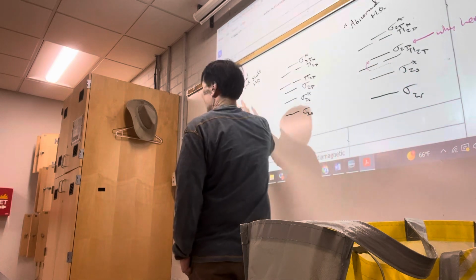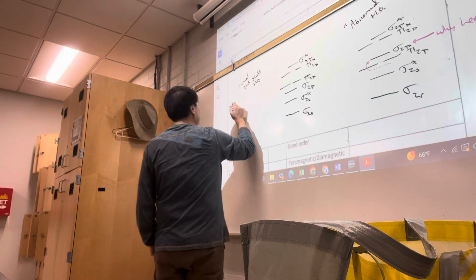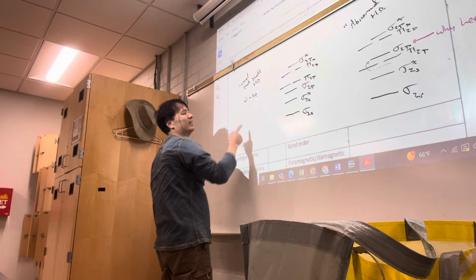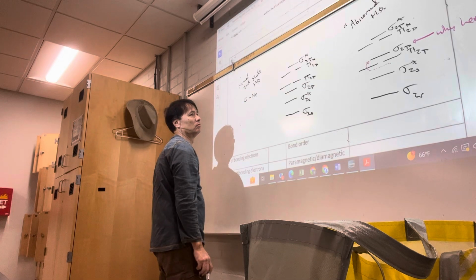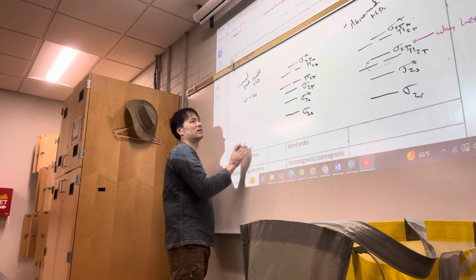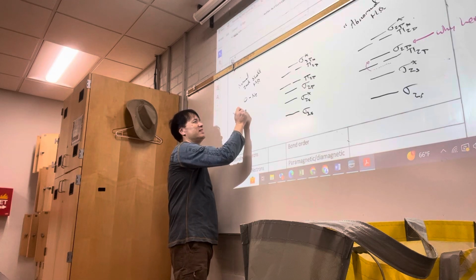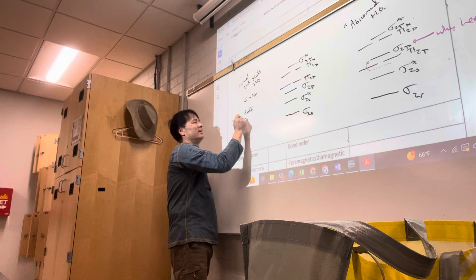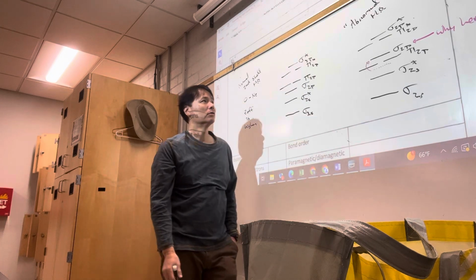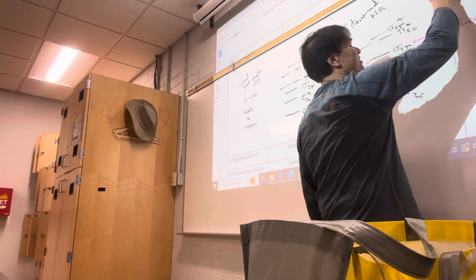And then for oxygen, fluorine, and neon, we use the normal diagram. And so the reason is this. The Z effective is higher here. Over here, Z effective is lower.